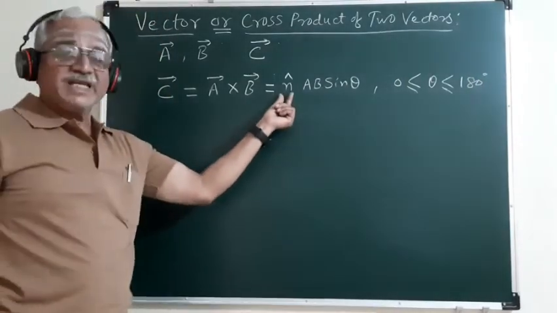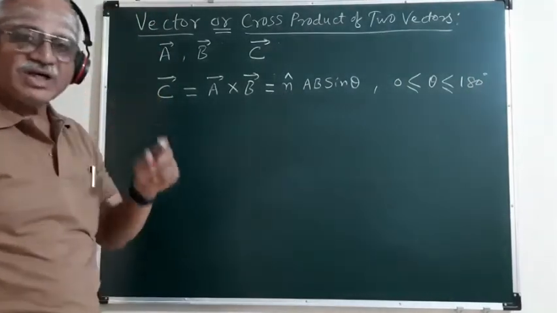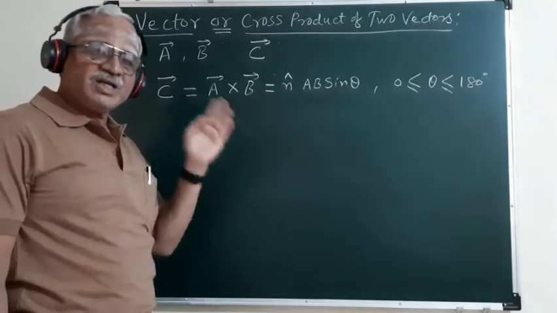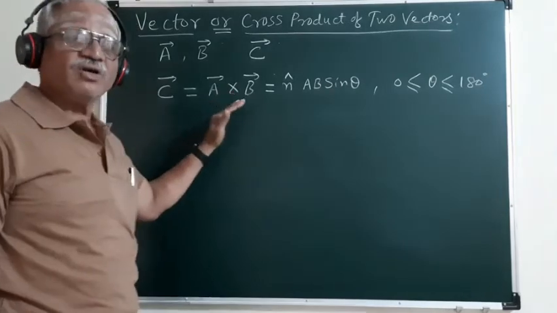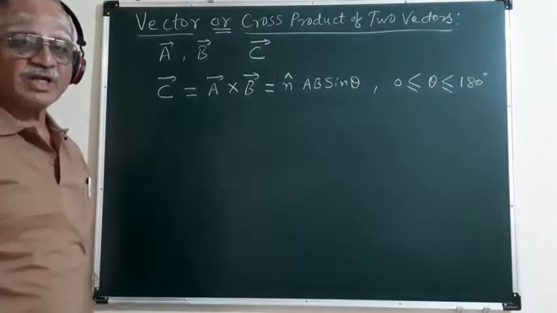And this n cap represents a unit vector in the direction of the vector A bar cross B bar, or in the direction of C bar.